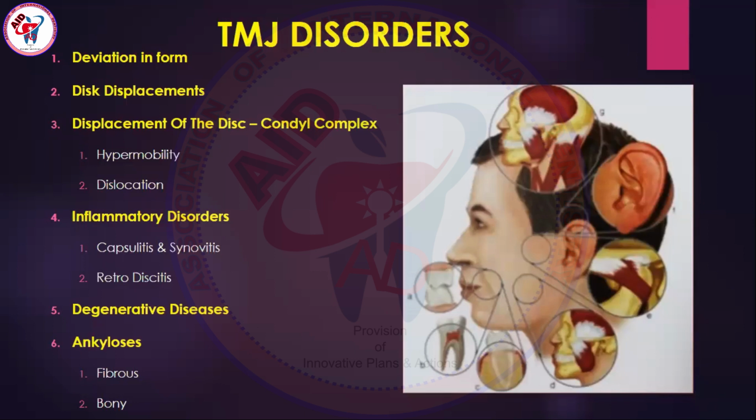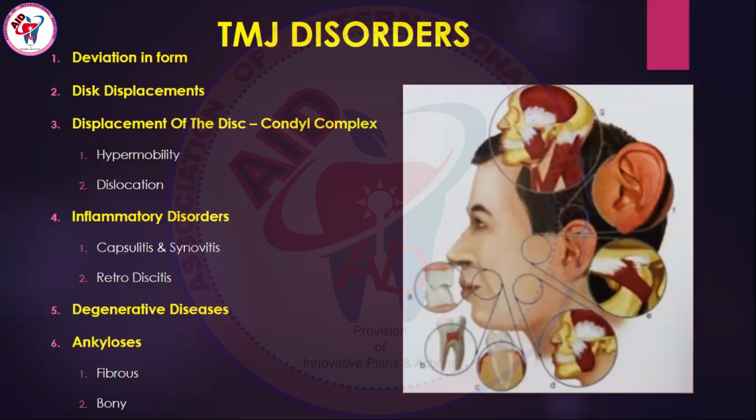Then there are the inflammatory disorders, that is capsulitis and synovitis. The capsule is that part which engages the whole of the joint, while the synovium is the synovial membrane within the joint, which has a secretory and defensive mechanism, and if there is any inflammation of this synovial membrane, that is called synovitis. We will discuss it in detail.